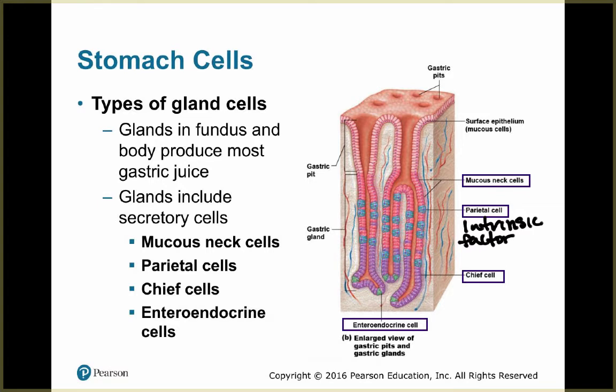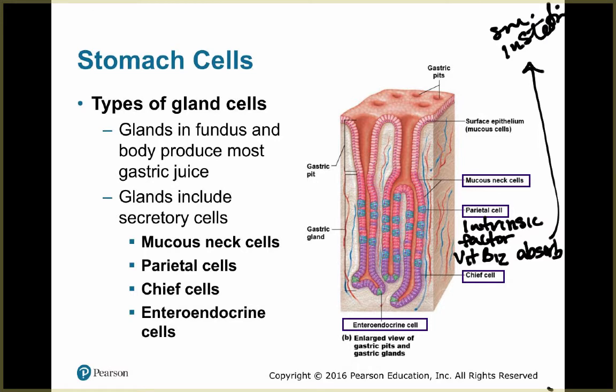And this is a glycoprotein, and it's required to help with vitamin B12 absorption. And this happens in the small intestines. So we've covered the mucous neck cells, we've covered the parietal cells. Now let's talk about the chief cells.